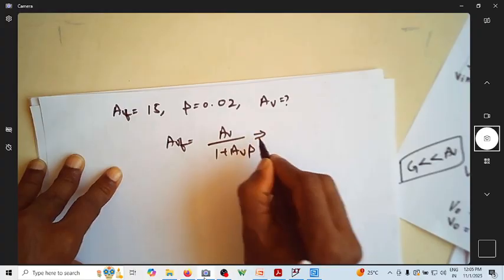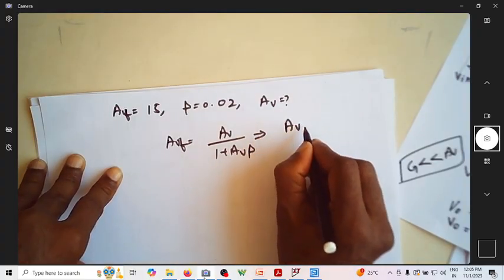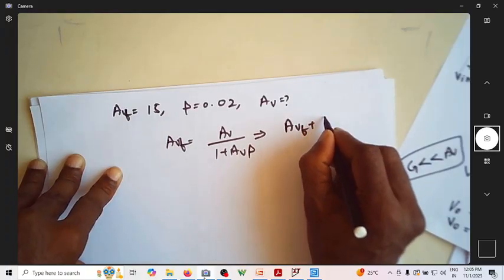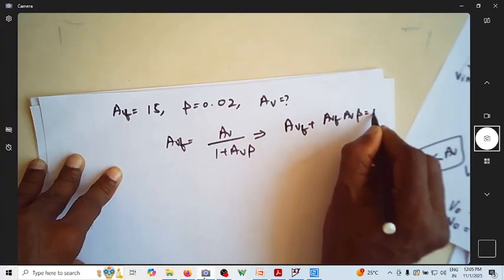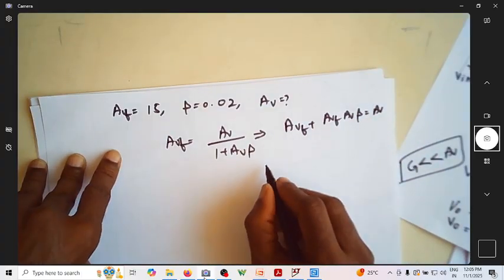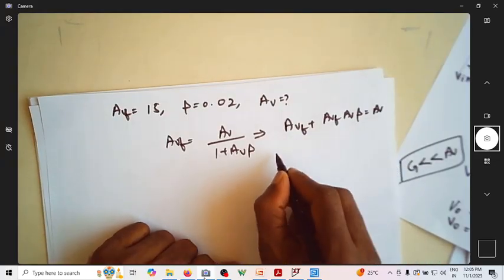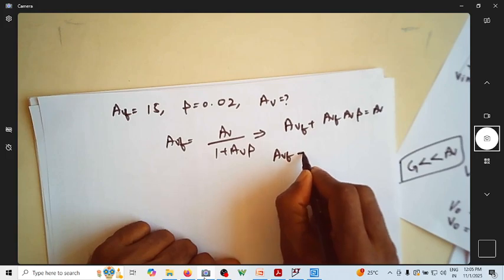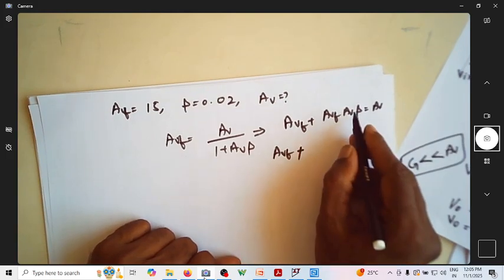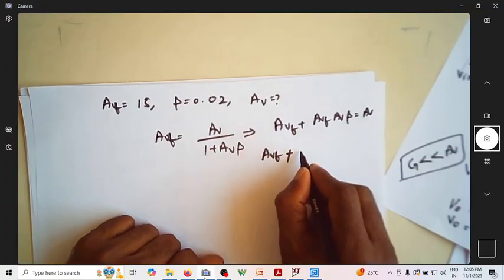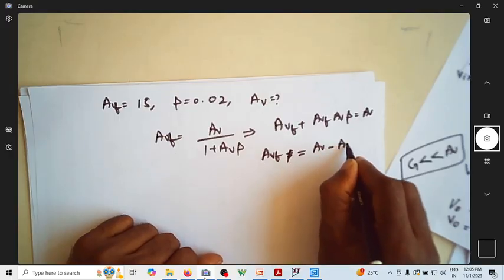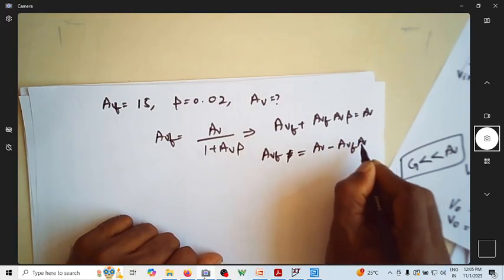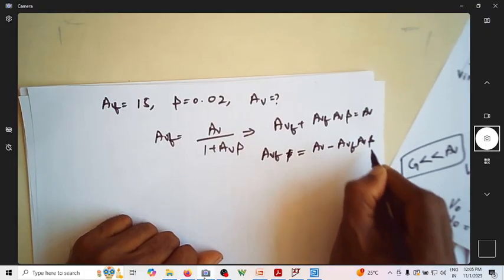So can I write it as AVF plus AVF AV beta is equal to AV? So AVF is equal to AV minus AVF AV beta.